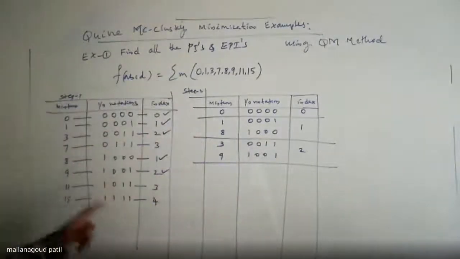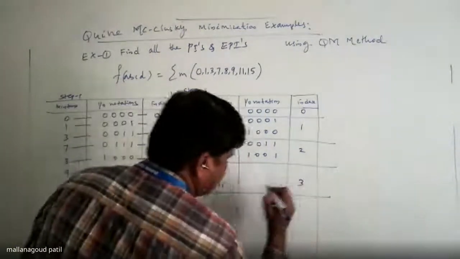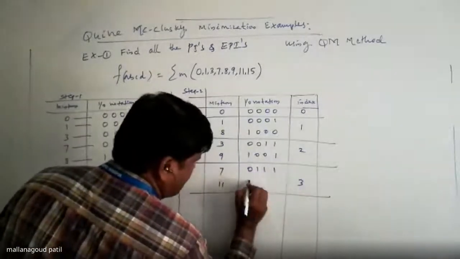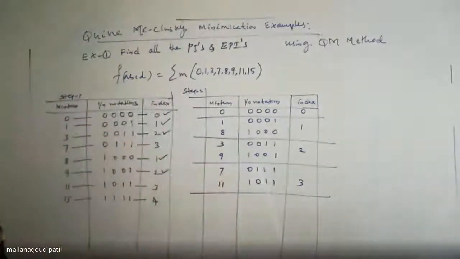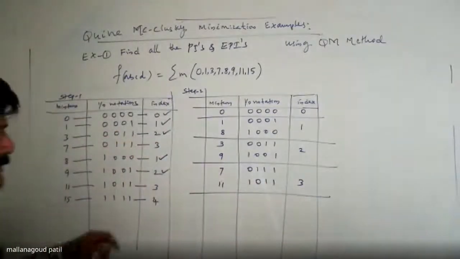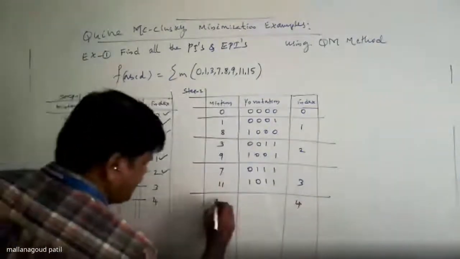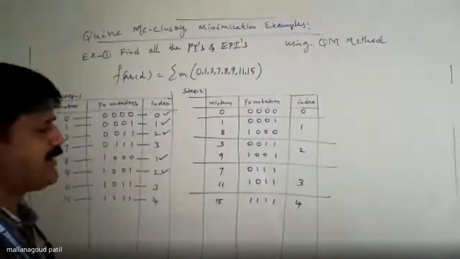Index 3 will be two minterms, 7 and 11. 7 representation will be 0, 1, 1, 1 and 11 representation will be 1, 0, 1, 1. Next, index 4 has only one number, that is 15. Representation will be 4-bit all ones, that means 1, 1, 1, 1.